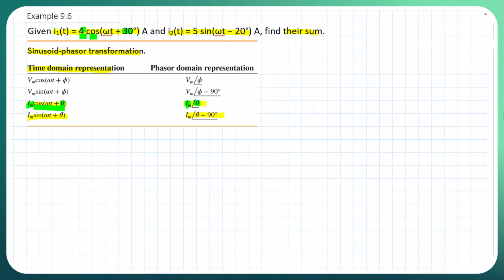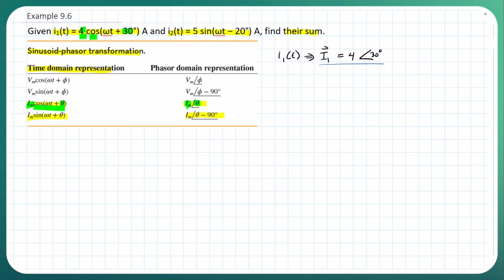So that's what we're going to do for the first one. I1 of t, as we take it to I1 in its phasor format, is just going to be 4 angle 30 degrees. Okay, so that's one part.